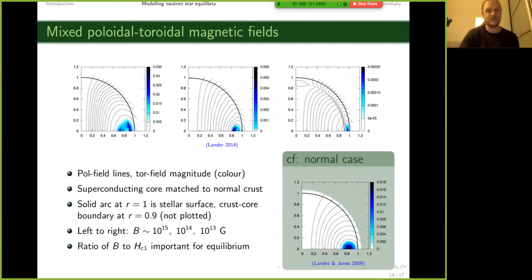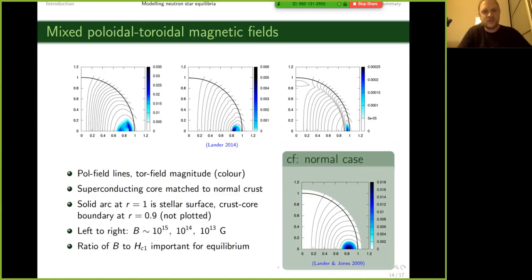But now with the same setup, again, average magnetic field of 10 to the 15 Gauss on the left-hand side, 10 to the 14 in the middle, and 10 to the 13 on the right, you see that that region of toroidal field, which has to sit within a poloidal field line, as dictated by axisymmetry, that toroidal field gets pushed out towards the crust. So again, there's qualitative differences from the normally conducting case.